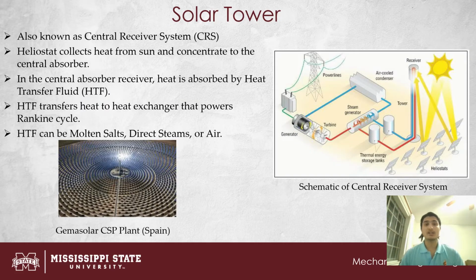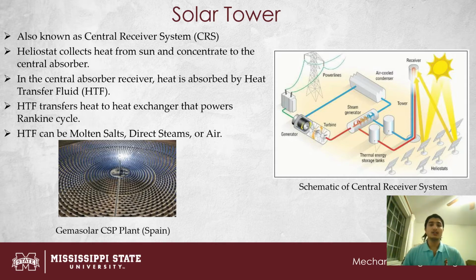So what is a solar tower? Basically, a solar tower plant consists of a single tower standing tall among many heliostats. The heliostats capture sunlight and reflect it onto the central receiver system, and the central receiver system has absorber tubes that absorb heat energy and heat the molten salt flowing through them.